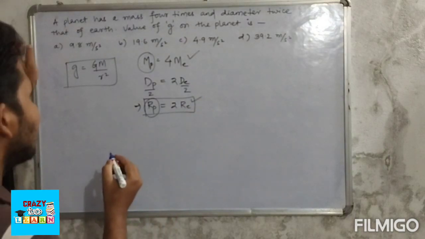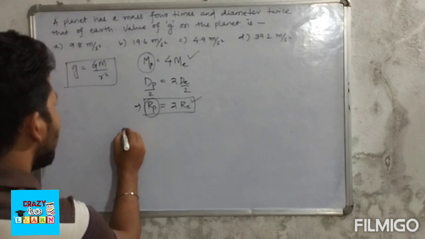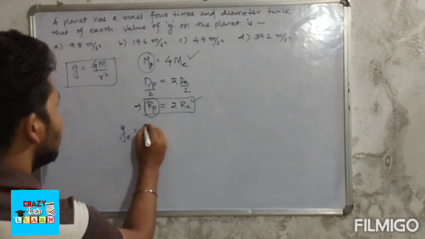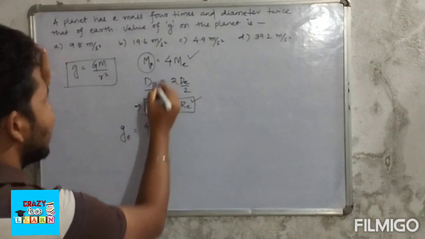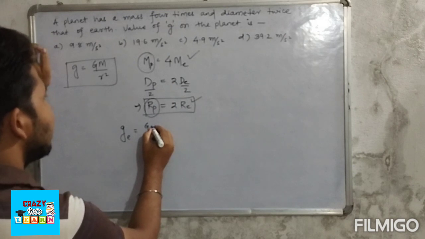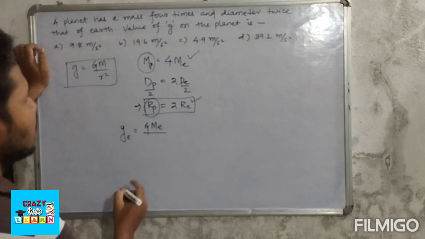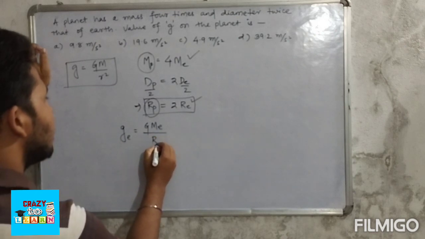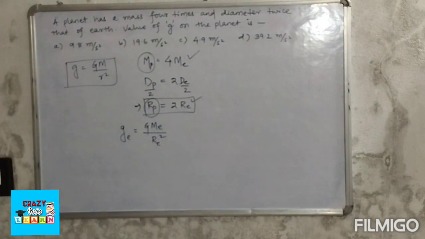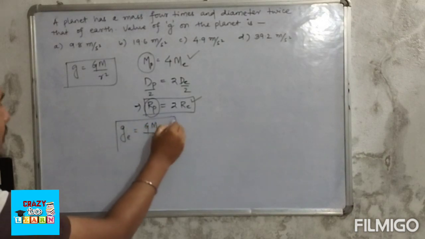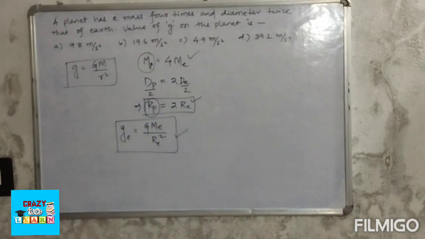Now what is the acceleration due to gravity of the Earth? Small g is equal to the gravitational constant into the mass of the Earth, M E, divided by the radius square, R E square. Clear? This is the acceleration due to gravity of the Earth.